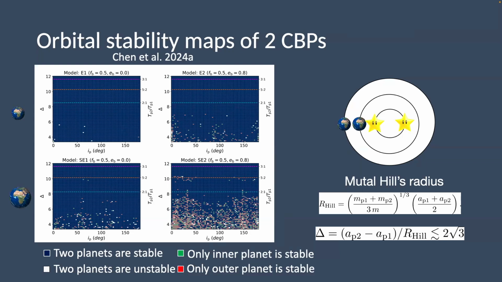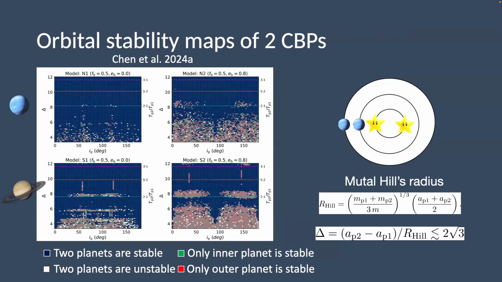And then if we consider bigger planets like super Earths, 10 times the Earth mass, then for the circular binary, it's still very stable. And for the eccentric binary, we start to see many unstable orbits inner than the 2:1 resonance region.